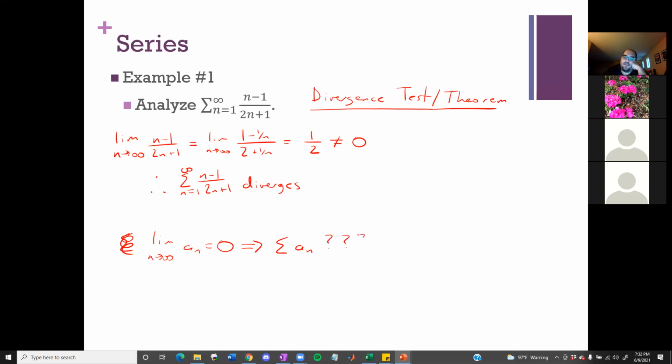In fact, one example I can give you is this here, because that limit is definitely 0, but we know that that series diverges. So that's the trade-off of the divergence test: if it gives you a conclusion, you're done, but that is the only conclusion it can give you. It doesn't tell you anything about convergence. It either tells you that a series diverges or you need to try something else.